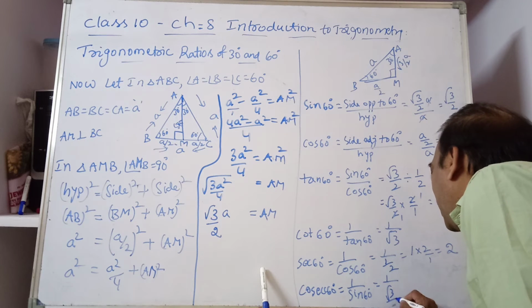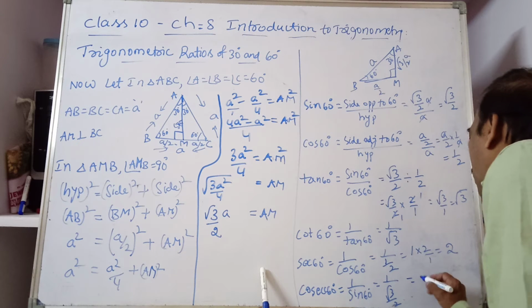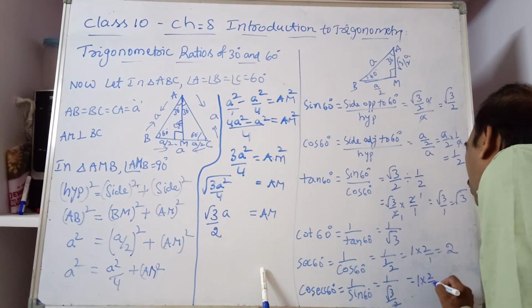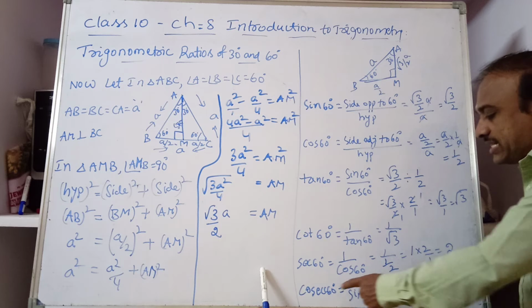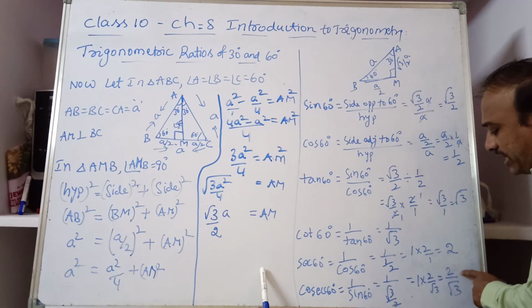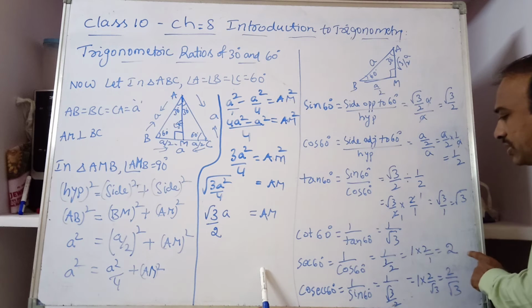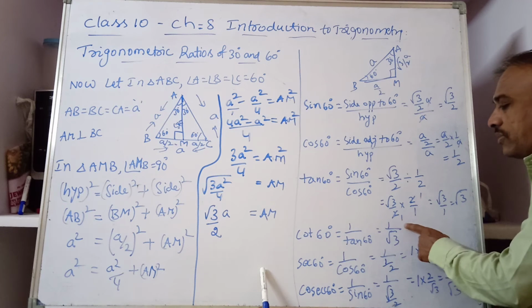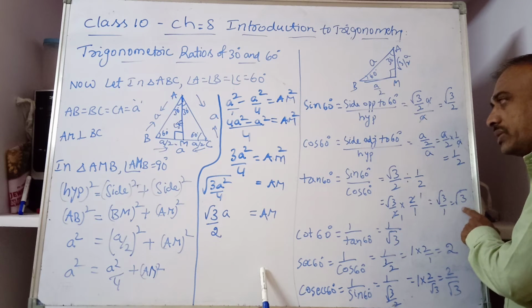Now the reciprocal of this is 1 into 2 by root 3, which is equal to 2 by root 3. So cosecant 60 value is 2 by root 3. Secant 60 is equal to 2. Cot 60 is equal to 1 by root 3. Tan 60 is equal to root 3.